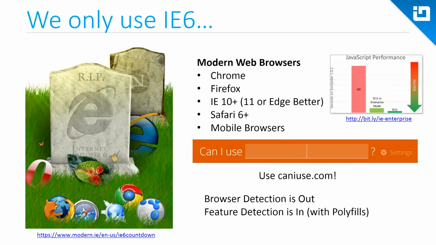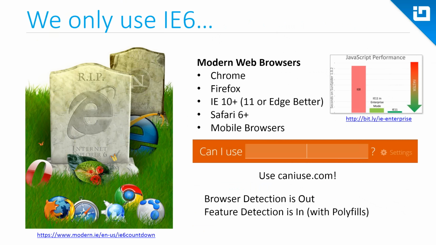And that's where this Can I Use can also come in handy, because if you go to caniuse.com, you can actually type in there a particular CSS3 or HTML5 or whatever feature that you want to use, and it will actually give you the current state of the different browsers and versions and how well they support them. And that gives you at least some sense of the support.